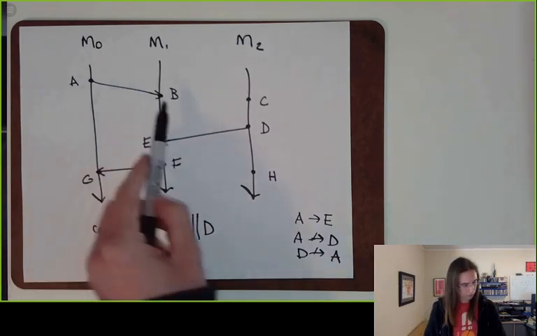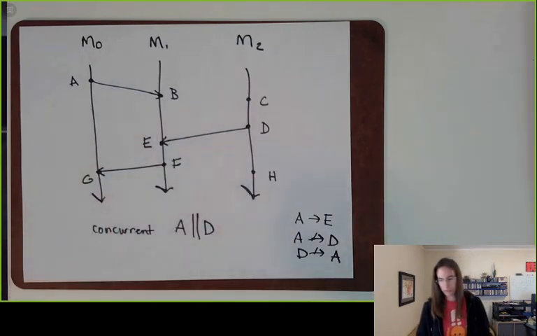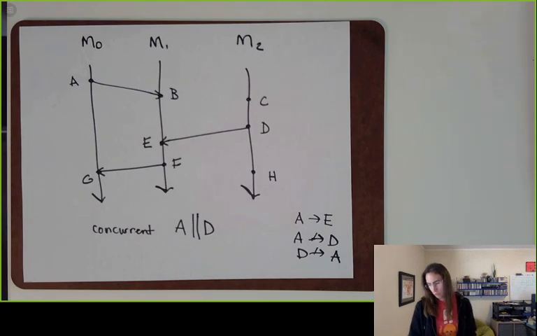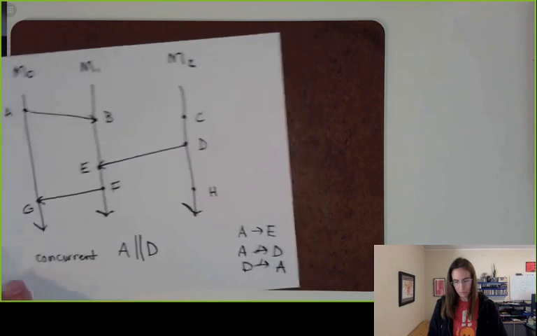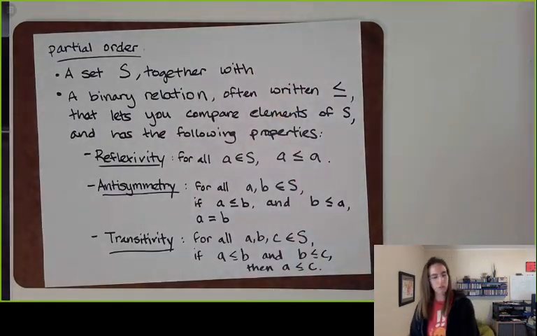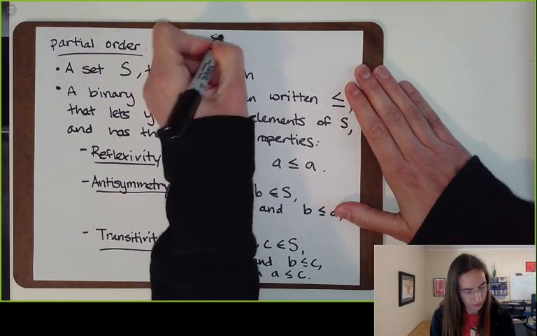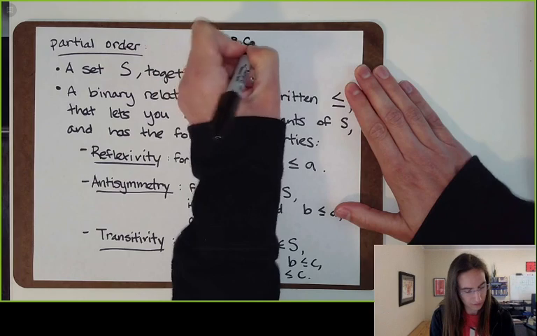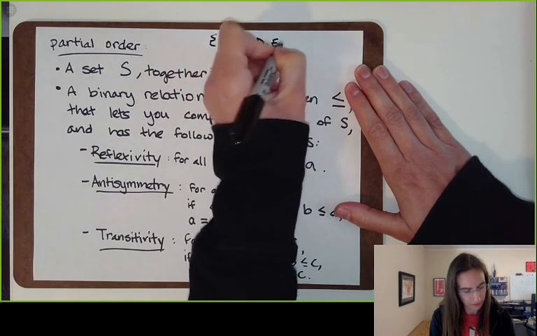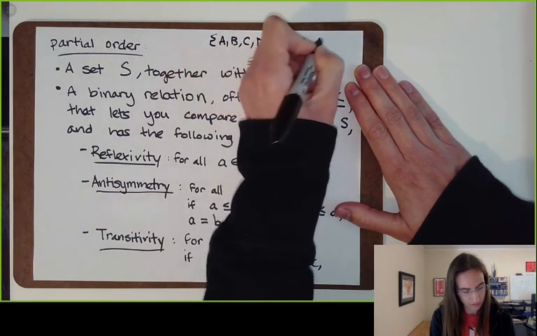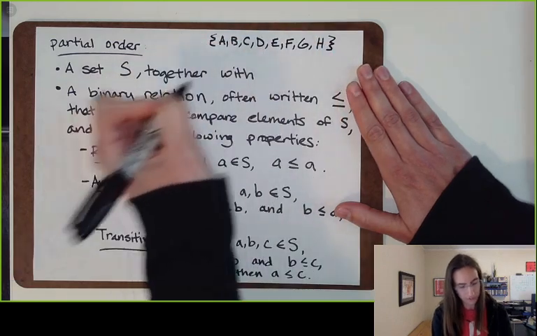How many events? 1, 2, 3, 4, 5, 6, 7, 8. We have 8 events here. So we'll be talking about the set of events in a particular execution. So back to the definition of partial order. In this case, the set just looks like this. Looks like a set to me.